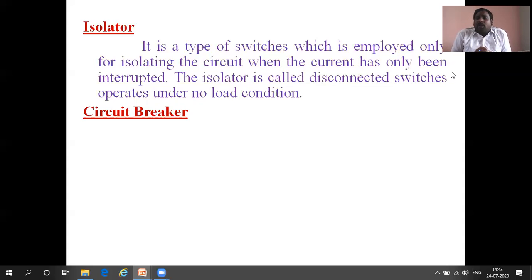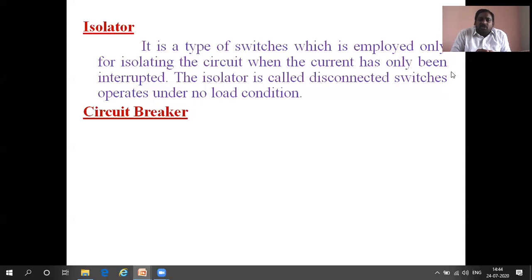This circuit breaker is installed in our supply system between the supply system and the load equipment. It can be connected between any two equipments or systems. If any fault occurs, the circuit breaker simply opens those two circuits, those two systems. That's why the faulty section can be protected.